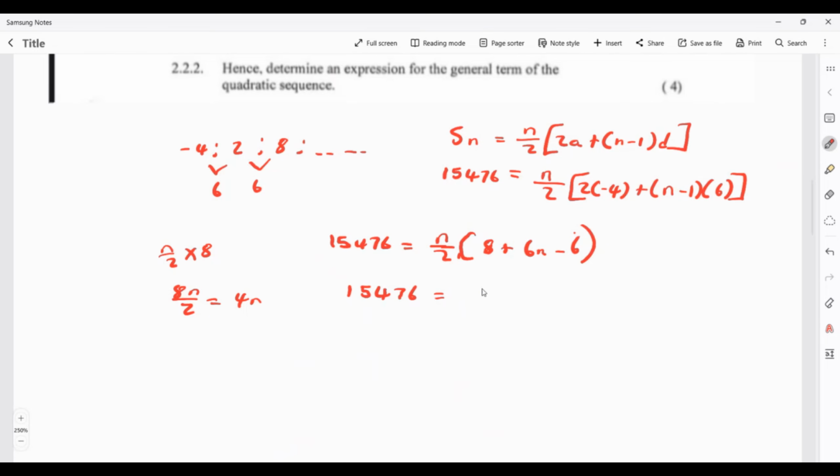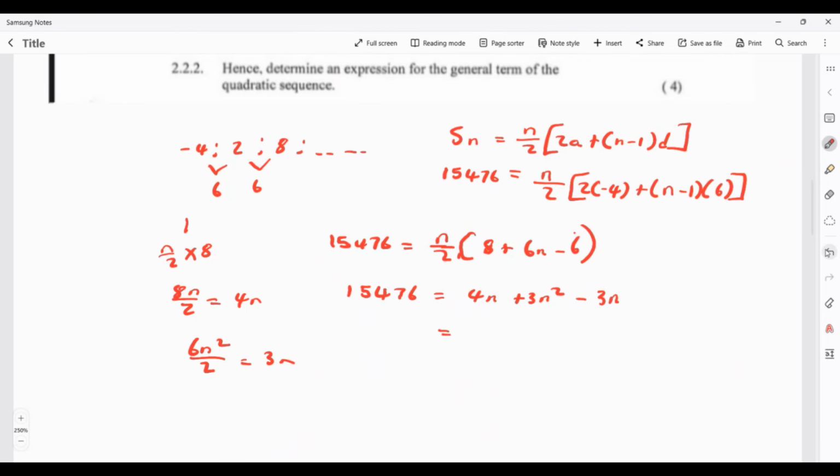So that means to work this out, I have 4n, and then here I actually have 6n squared over 2, which is 3n squared, and then minus 3n for the last one. As simple as that. And then now I can rearrange things.